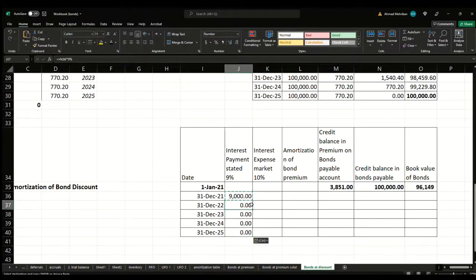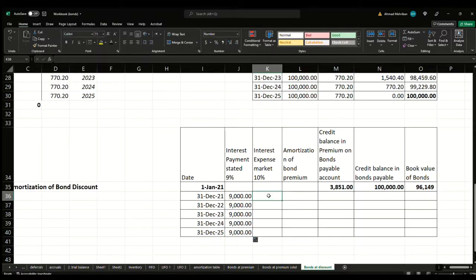Sorry, I should have fixed the formula, just a second. It should give me the same value for the next 5 years, which is 9,000. Now, the interest expense is going to be calculated using the market rate, which at this point is higher, so 10%, and we're going to calculate it using that.